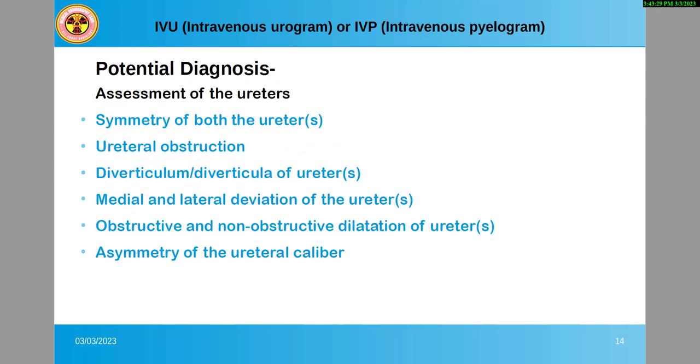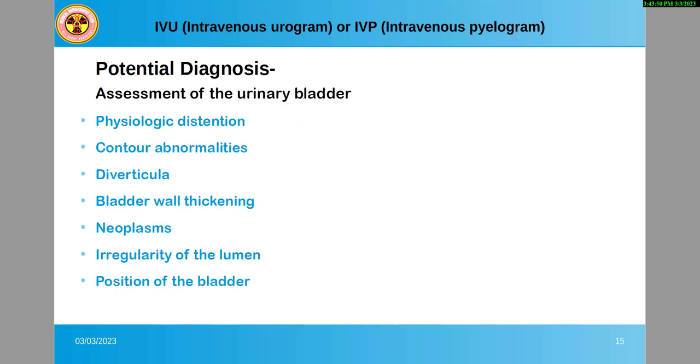Assessment of the ureters: symmetry of both the ureters, ureteral obstruction, diverticula of ureters, medial and lateral deviation of the ureters, obstructive and non-obstructive dilatation of ureters, asymmetry of the ureteral caliber. Assessment of the urinary bladder: physiologic distension, contour abnormalities, diverticula, bladder wall thickening, neoplasms, irregularity of the lumen, position of the bladder.